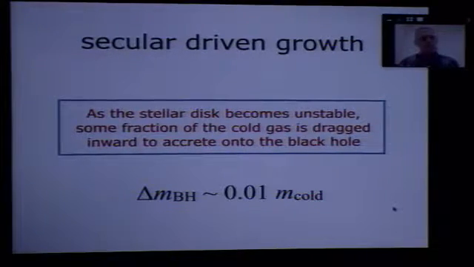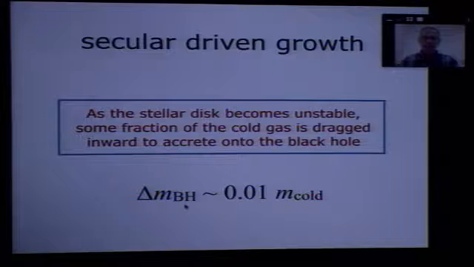And whenever it becomes unstable, let's just take 1% here, 0.01 instead of 0.03 we had before. This is a parameter that I just chose, but it's again in the ballpark of where we would roughly want to be. 1% of the cold gas goes onto the black hole. Okay? So in that process of redistributing the mass, some of that will actually get redistributed inwards and end up on the black hole.